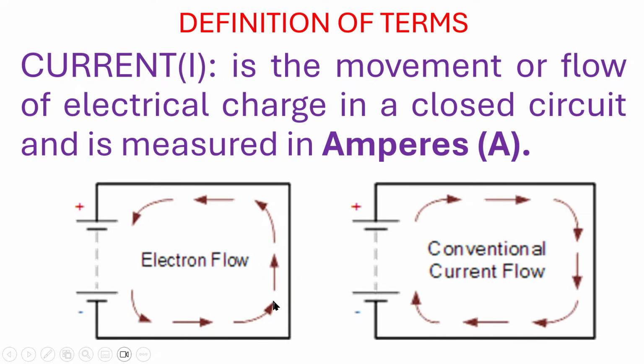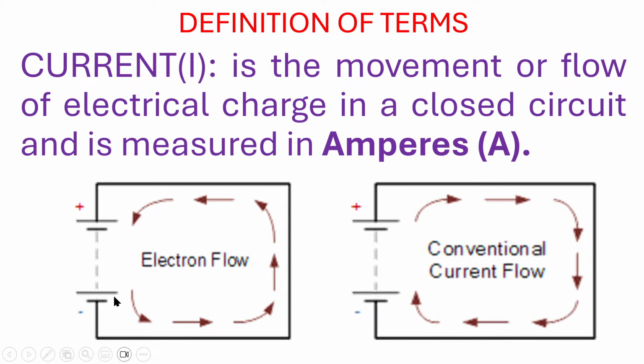There are some basic terms that it is very important we understand so that as we go through the lecture, it will be clear. One of them is current. What is current? Current is the movement or flow of electric charge in a closed circuit and is measured in amps.